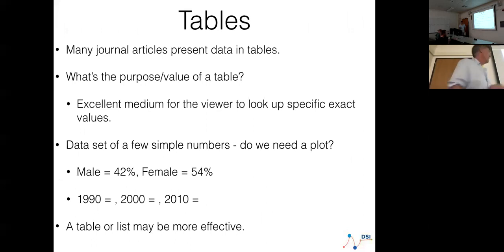I'll show you some plots where the whole beauty of them is that they're non-standard plots. The fact that software is getting easier to use is a double-edged sword. It means that we tend to end up with the same old boring plots. That's a good thing because everyone's familiar with them. But the fact that software is easier to use also means you can start making some really powerful plots without too much effort.